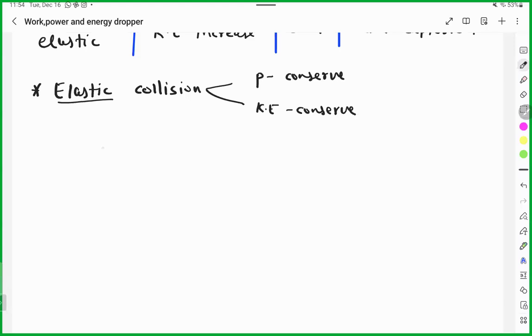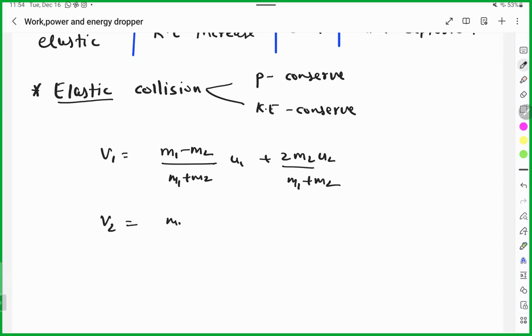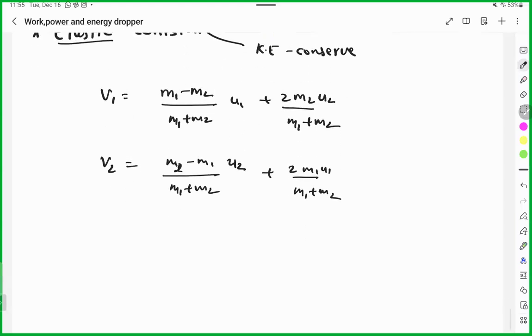If you calculate V1, it will be (M1 minus M2) by (M1 plus M2) U1 plus 2 M2 U2 by (M1 plus M2). And V2 is (M2 minus M1) U2 divided by (M1 plus M2) plus 2 M1 U1 divided by (M1 plus M2). This is what we did in case of elastic collision.